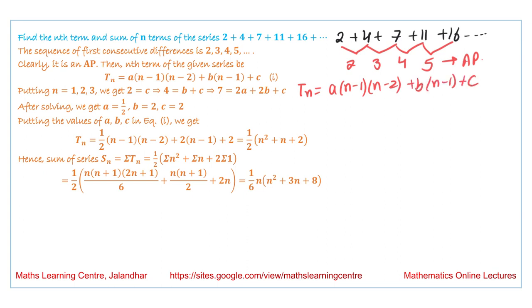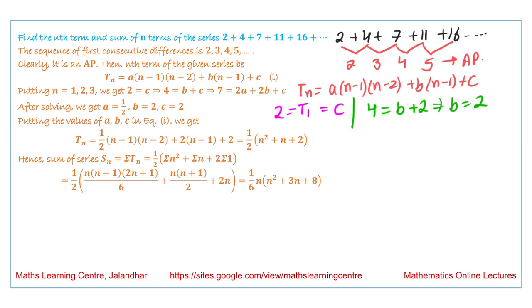Now if we substitute n equal to 1, we obtain T1 equal to 2, that is equal to c. Next if we substitute n equal to 2, we get 4 equal to b plus 2. So the value of b is 2.